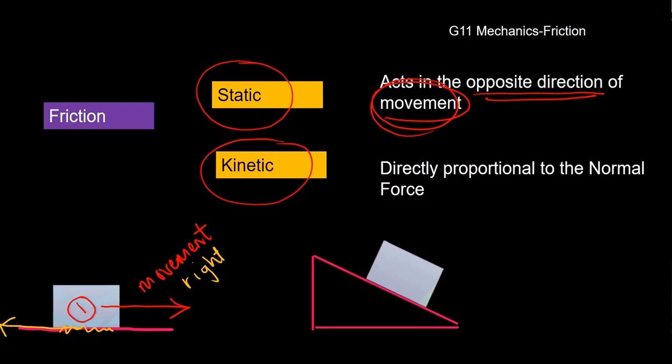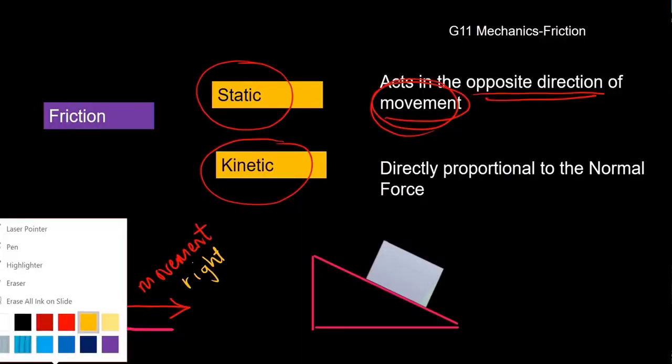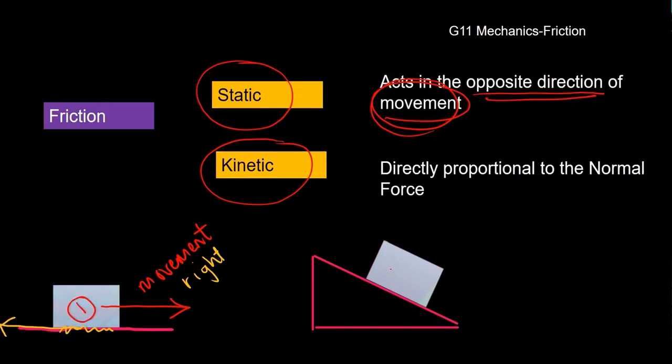Now, what about an object on a slope? We need to be very careful when we are dealing with objects on a slope. If the object is moving up the slope, I'm going to change my pen so we can keep this constant. So that's the movement going up the slope. How is friction going to work? Well, friction is going to work in the opposite direction to movement, between the surface of the box and the surface of the slope.